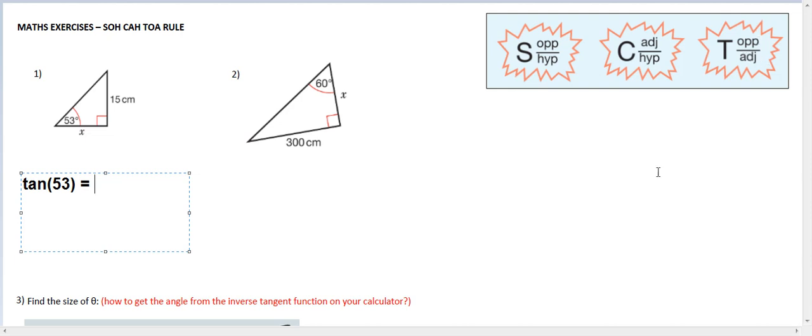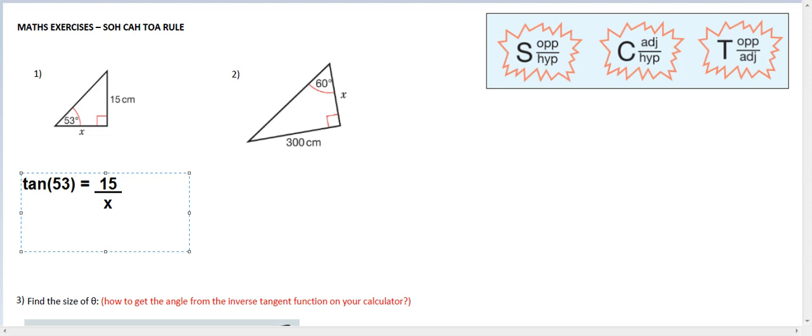The opposite side is the side that the angle is looking at, or we can say the side in which the angle is not touching. So the opposite side is going to be 15, and the adjacent side is going to be x.